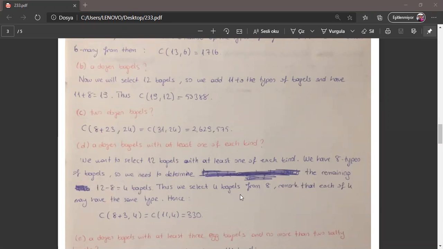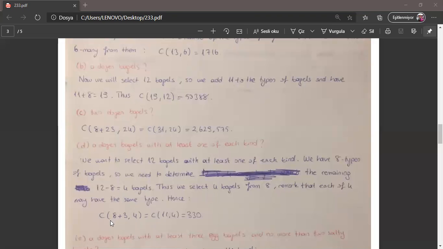So how many types did we have? We had 8, but these 4 bagels can be, for example, all plain again. So we need to add 3 as we did before. Why do we add 3 for these 4 bagels? Because these 8 types contain only one plain.